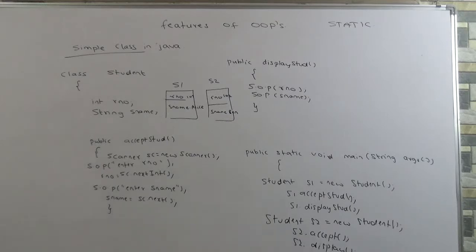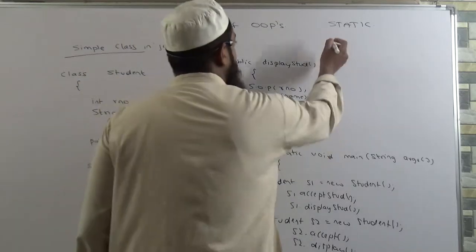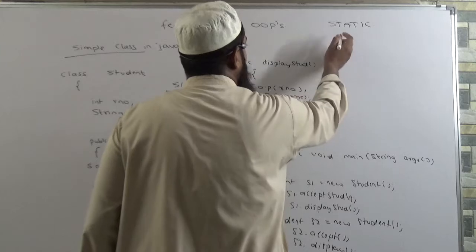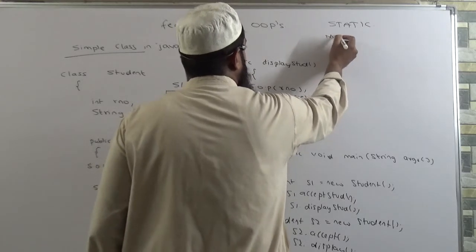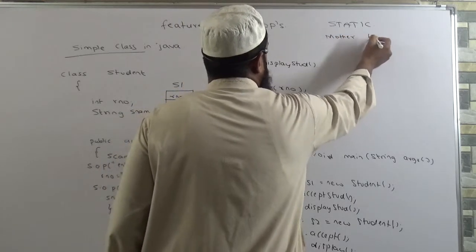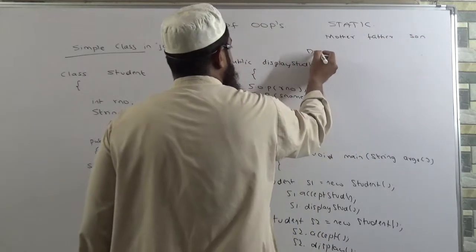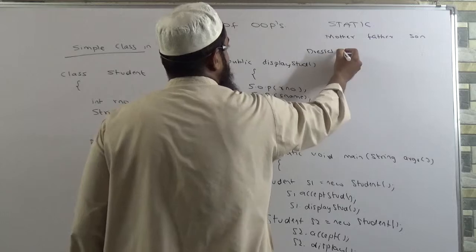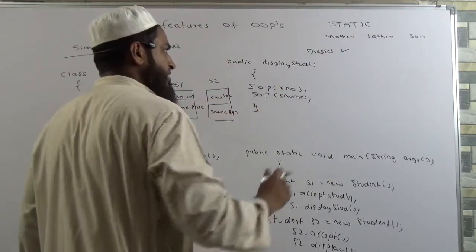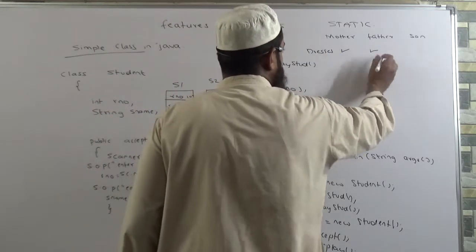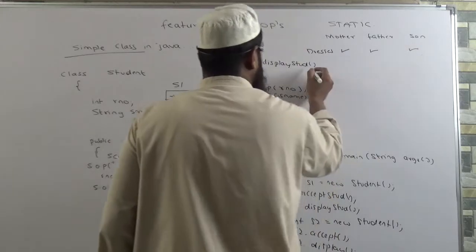Now what static does is, static data, let's say, I'll give an example of a home. Mother stays at the home, the father and a son. Dresses, each have their own. Mother has her pair of dresses, father has his pair of dresses, son has his pair of dresses.